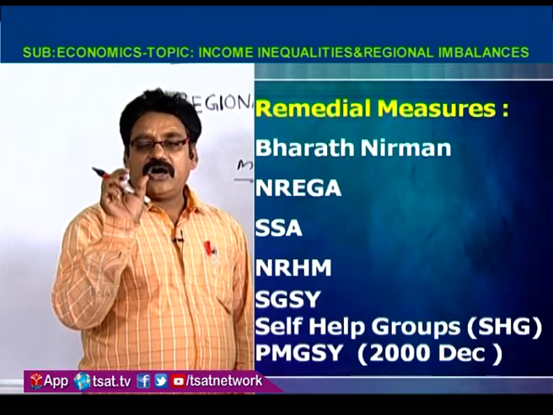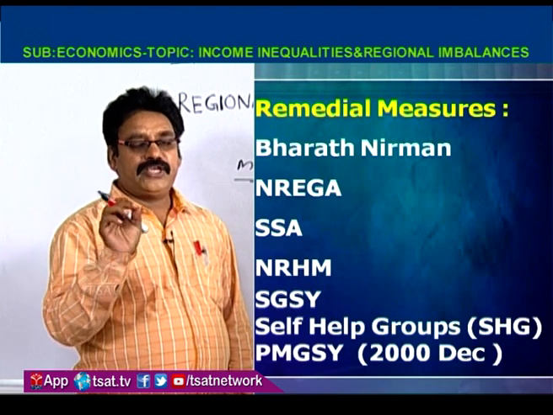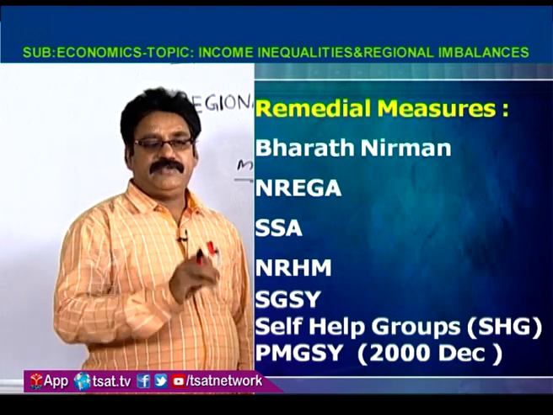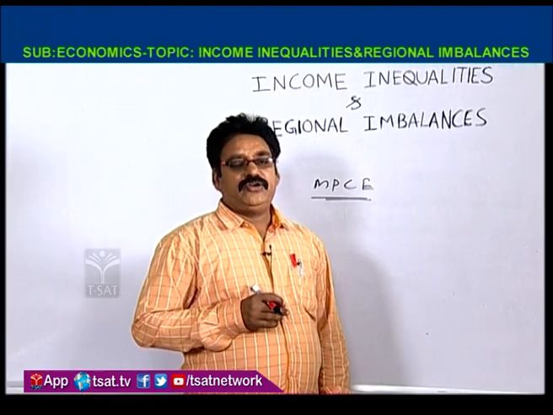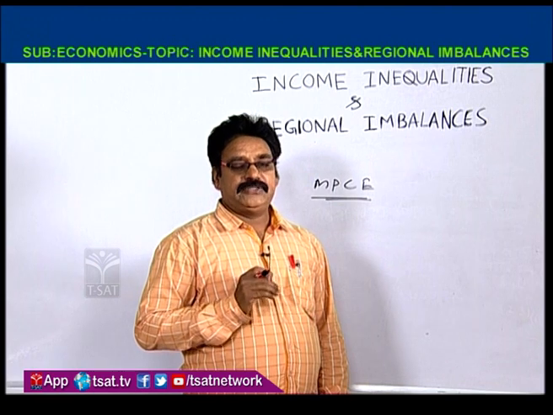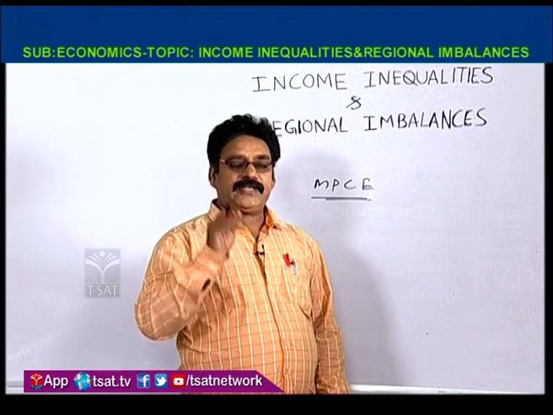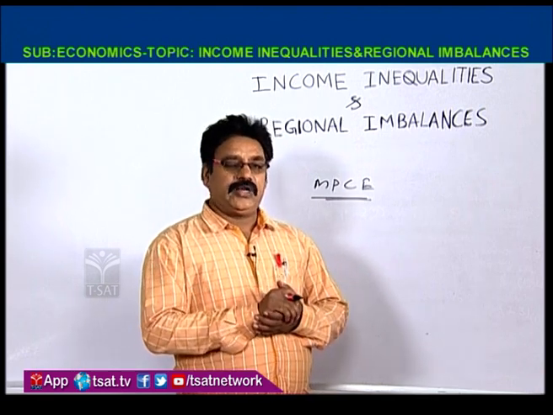By providing all these facilities under one program, Bharat Nirman, we can provide every facility which is available in the urban areas to the rural people, undertaken by the government to provide employment opportunities and uplift the rural poor people's income level, so that they can reduce the divide between urban and rural.